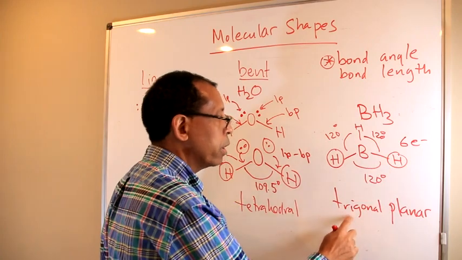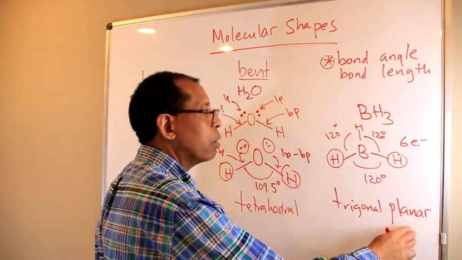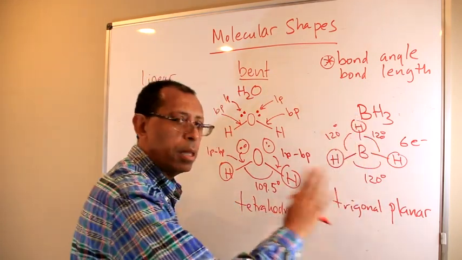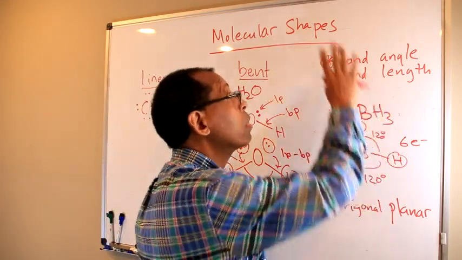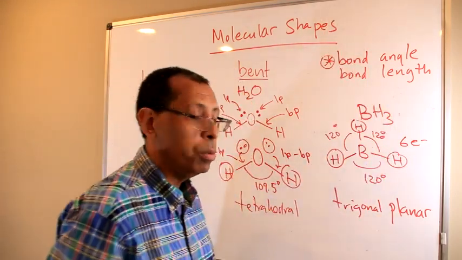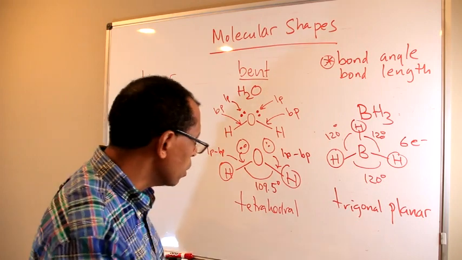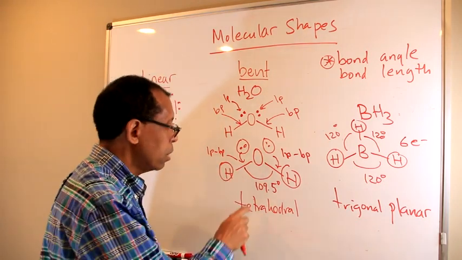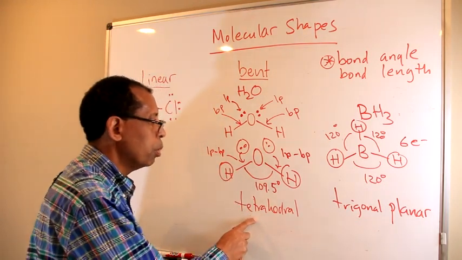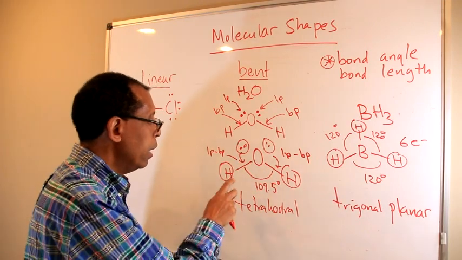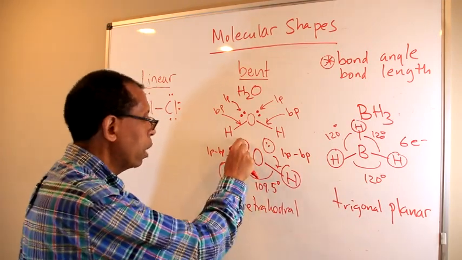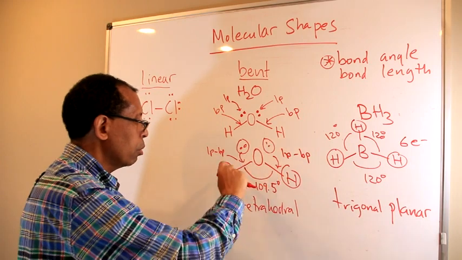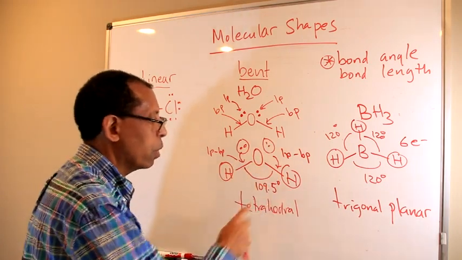That's why we call it trigonal. And it's planar. That means it is just on the surface of the board as you just look at it. So, important points, tetrahedral geometry, you should remember there are 4 groups attached to it, including the lone pairs, 1 pair, 2 groups, 3, 4.